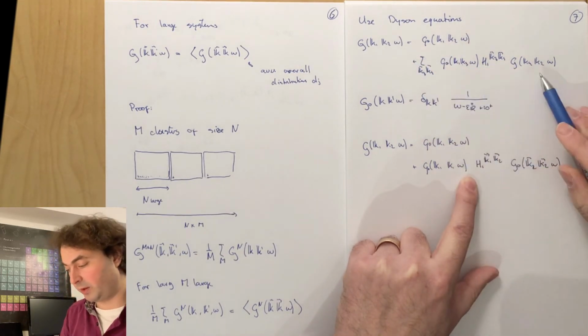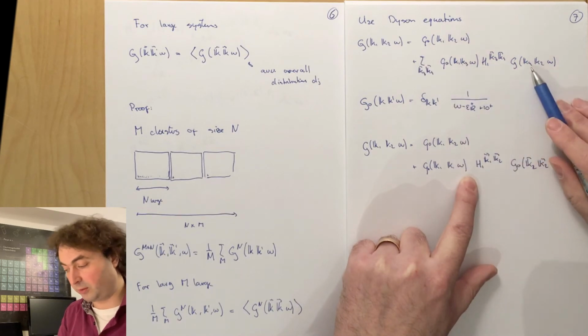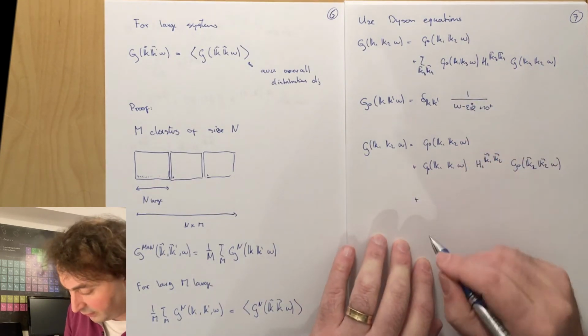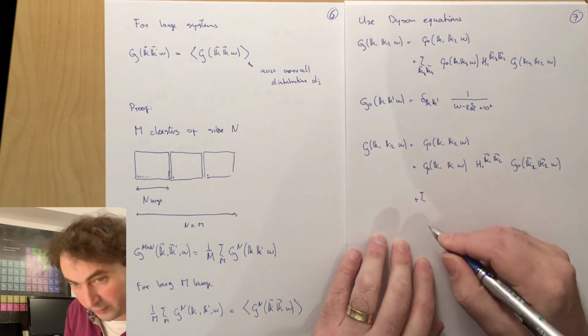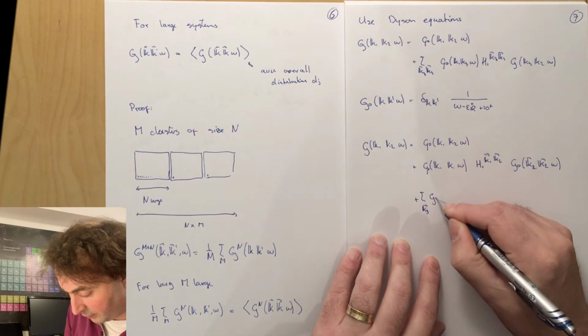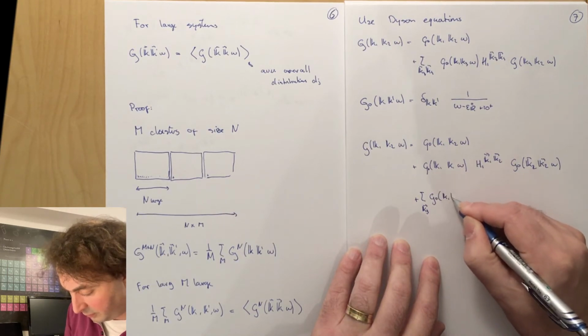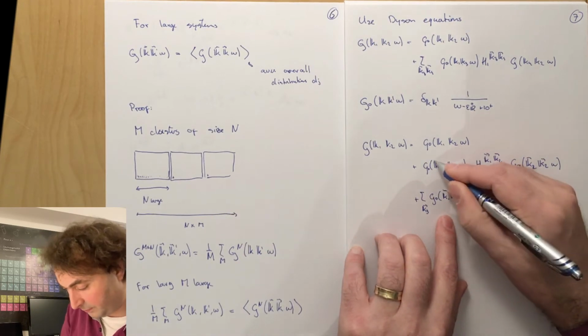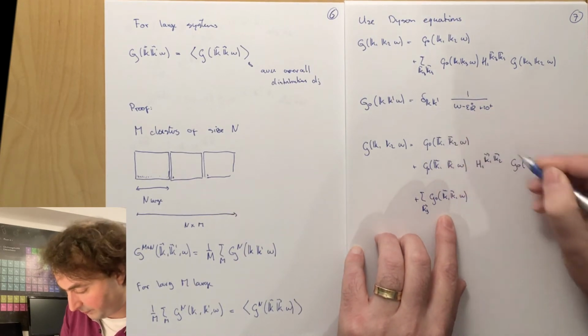And of course, when you put the Green's function of the Dyson equation back into the Dyson equation, you also get the cases where you have 3 interactions or 2 interactions. And for 2 interactions, we have to sum over one additional crystal momentum, because we can propagate for some time with crystal momentum K1. And these are all vectors.